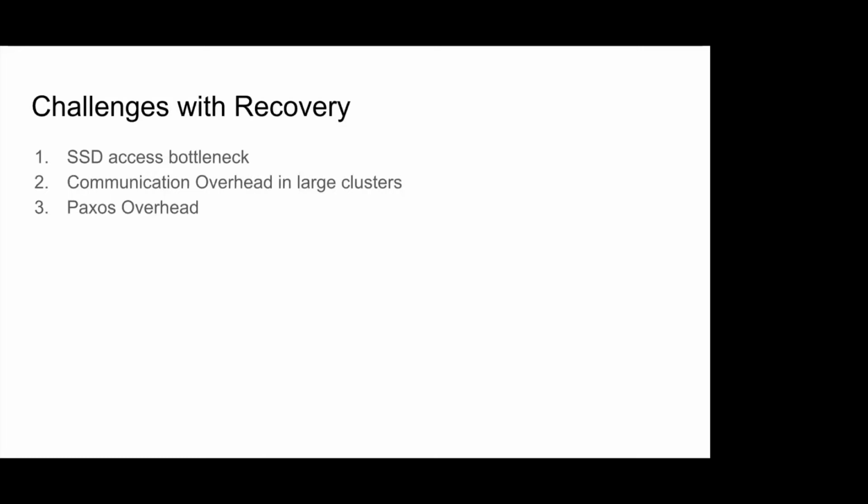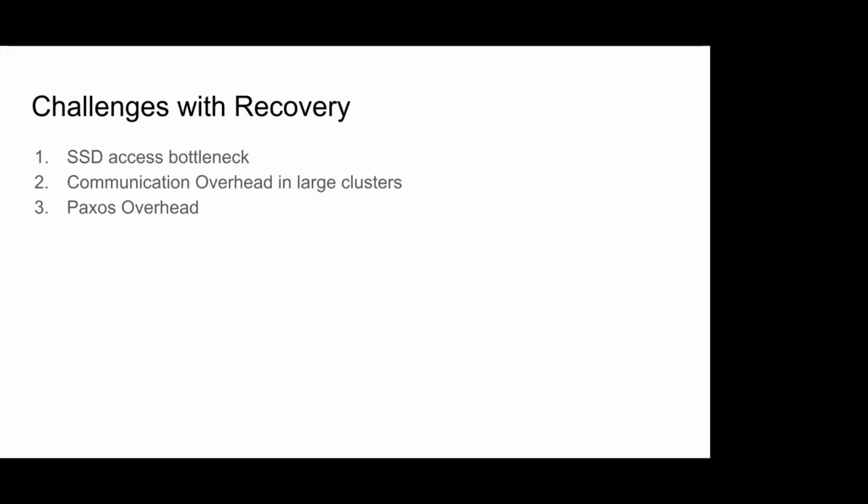The second thing that they say is that if we shard the SSDs and have multiple backups, it means we have a large cluster, which means there'll be a communication overhead because, for example, when replication happens, or when recovery happens, multiple nodes will be sending data to multiple other nodes.